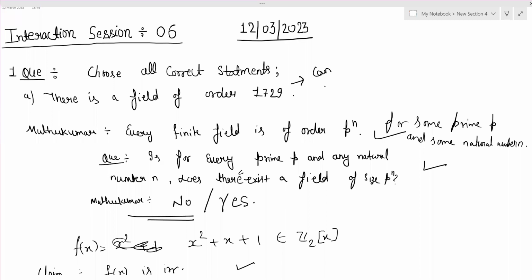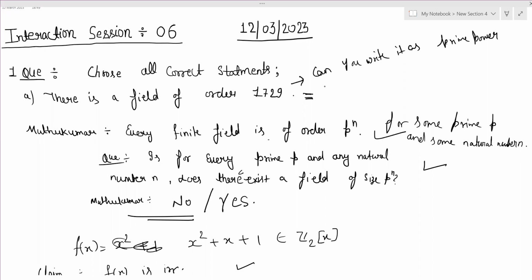First do its prime factorization. What is its factorization? Tell me. Sir, 7 will divide it. So 7 into 247.